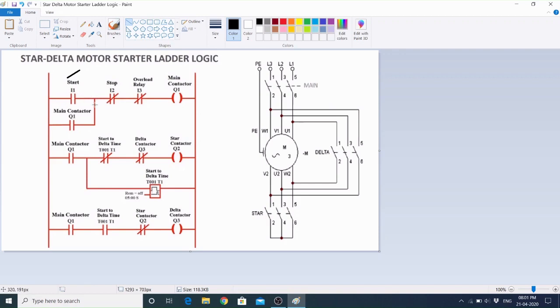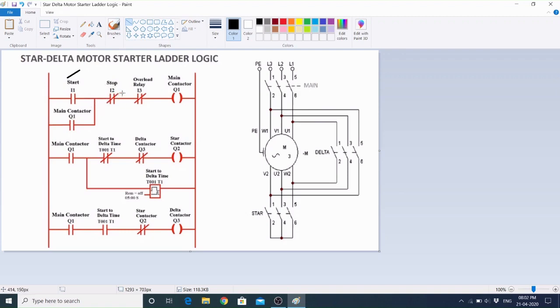Then the power will come through this start push button to here. But the current will not flow through this parallel path because it is normally open type. Then the power will come through this stop push button because it is normally closed type.